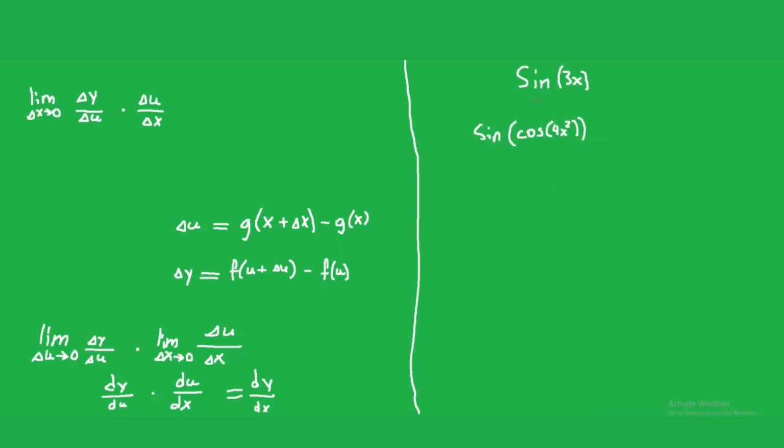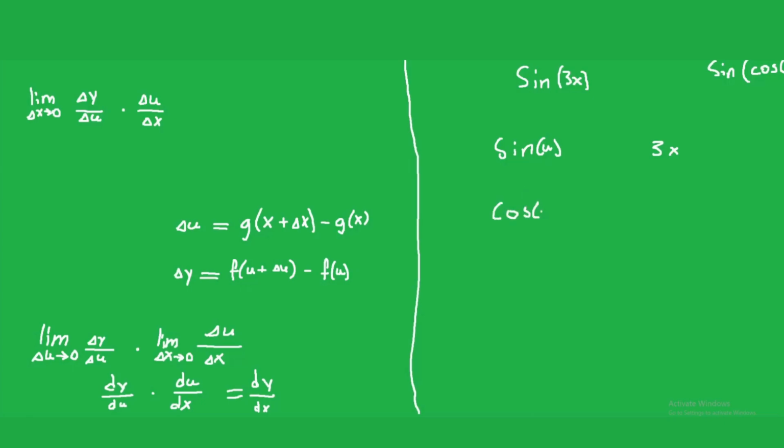First, I want to do this top one here, just to show you can't always just expand it and use other rules. You have to use the chain rule in some situations. Okay, so same idea. We can split this into sine of u, and we can split this into 3x. Okay, so our first thing, find the derivative of this with respect to u. That's just going to be cosine of u.